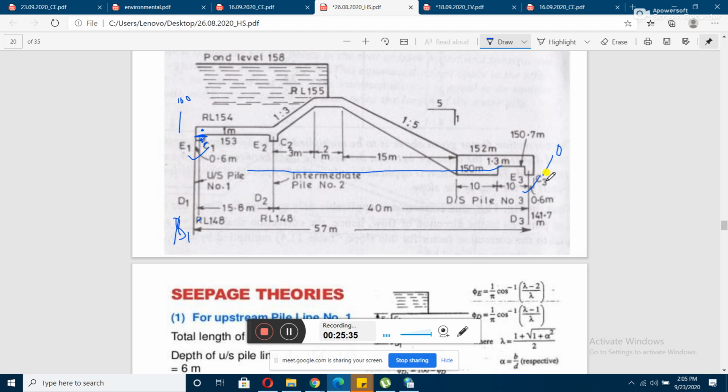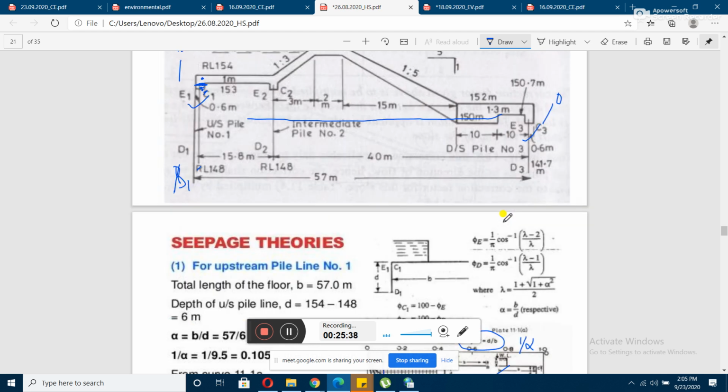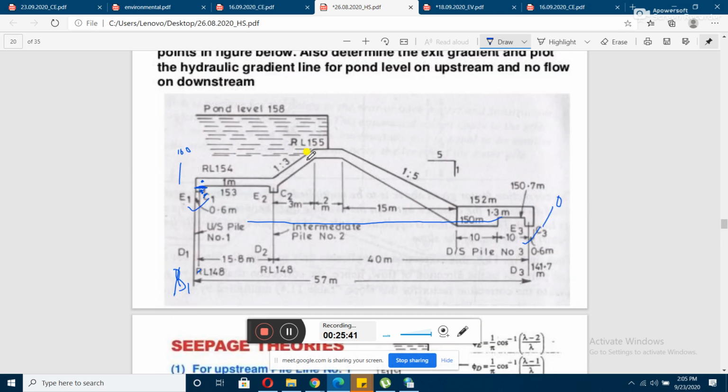Sorry, just wait. While calculating the phi E3 value, we will be considering it from this fiber. Otherwise, this is just the reverse. While considering the depth of this pile, we will be considering it from this fiber. But in case of the phi E3 value, our reference line will be this one.